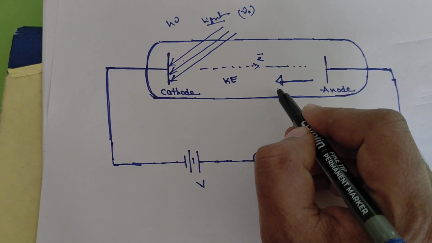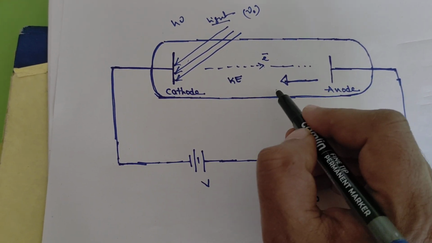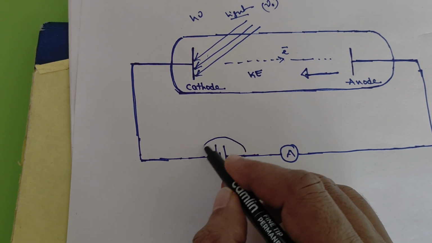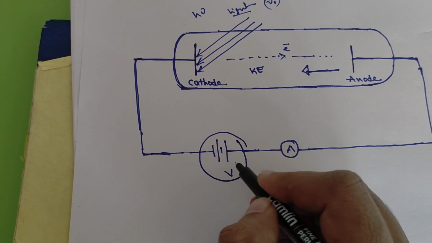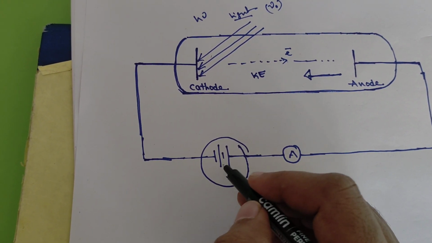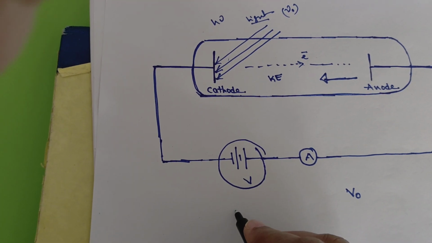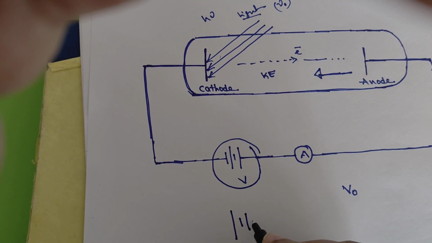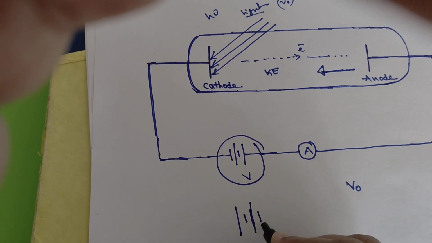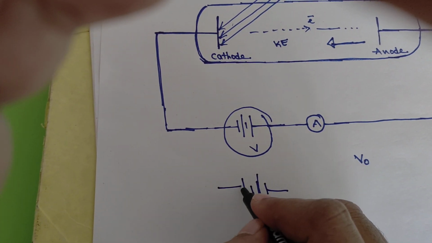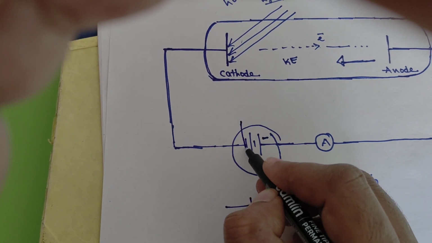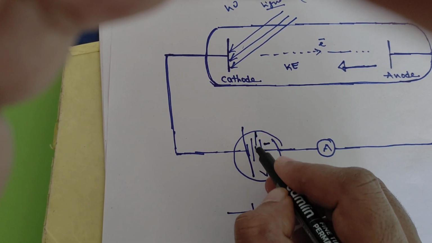That means we need to apply the reverse energy, which is possible by applying the potential in a reverse manner. So obviously these terminals need to be reversed. We change the potential terminals like this: here this is the negative and this is the positive.